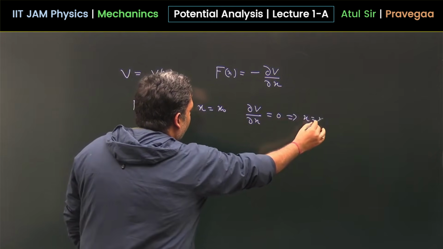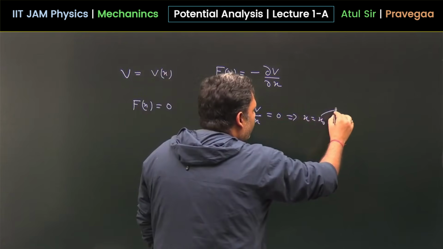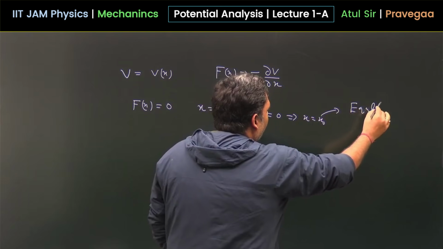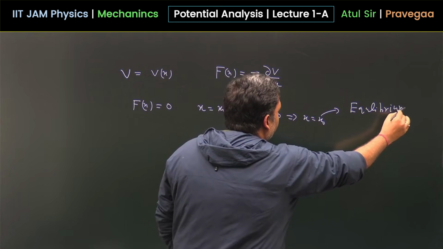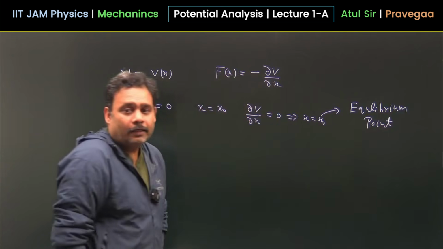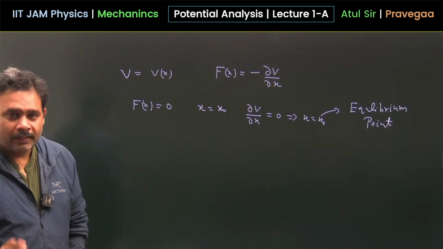Then this x naught is identified as the equilibrium point. Are you getting my point?